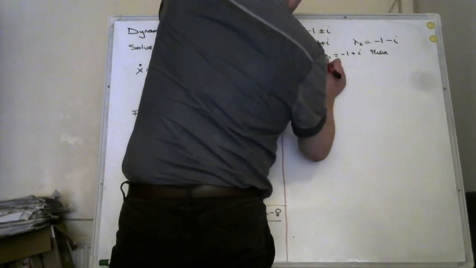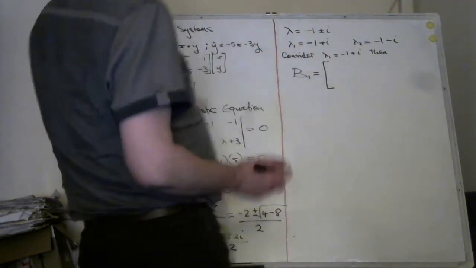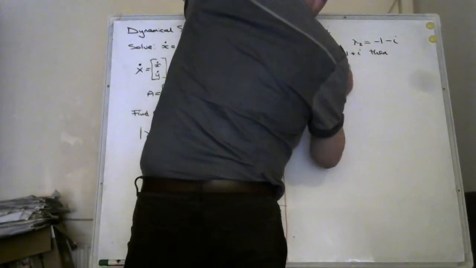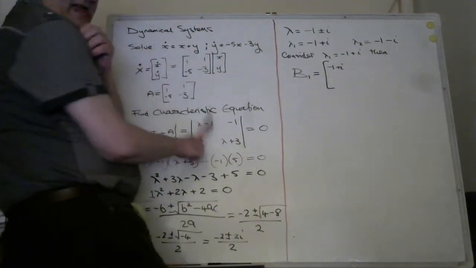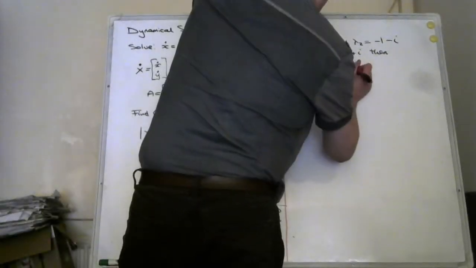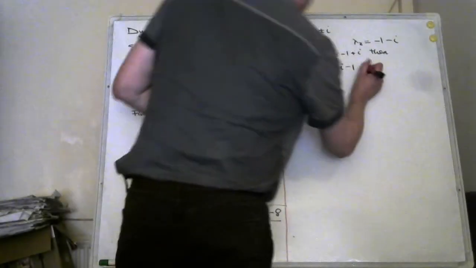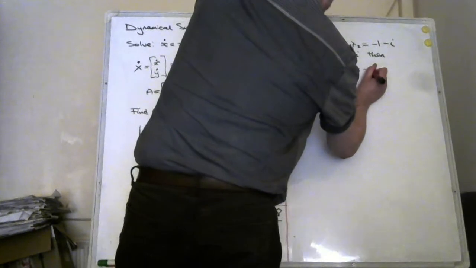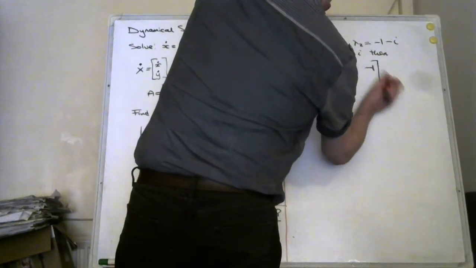It is equal to, well, minus 1 plus i, so we've got minus 1 plus i, minus this 1 here. The minus 1 here stays the same. We'll just complete that matrix.